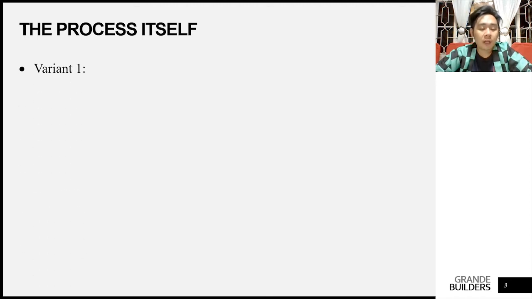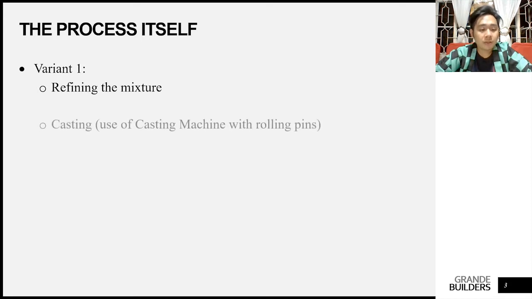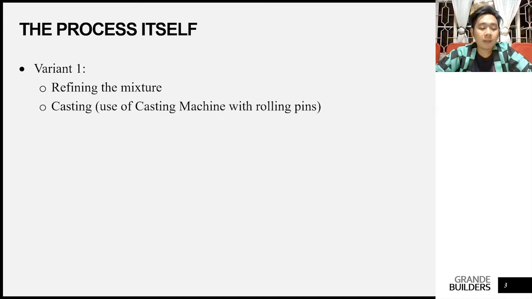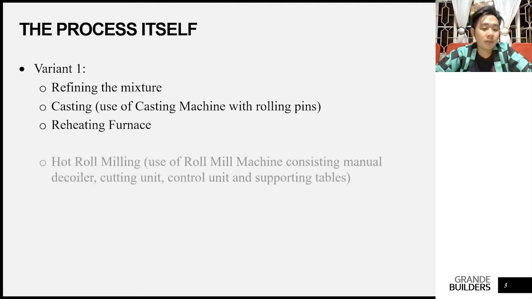First, the first variant should be refining the mixture. Next is casting. Casting is the use of a casting machine with rolling pins. Then after this, to remodel, you reheat the furnace first.